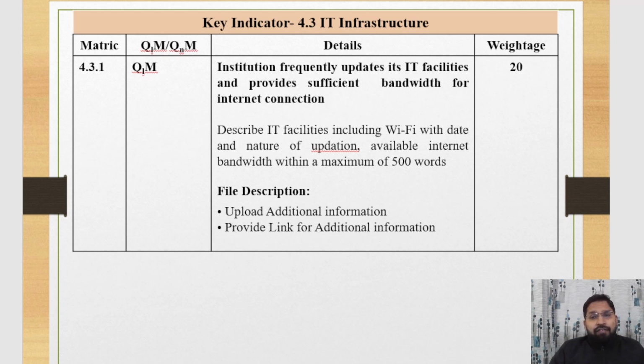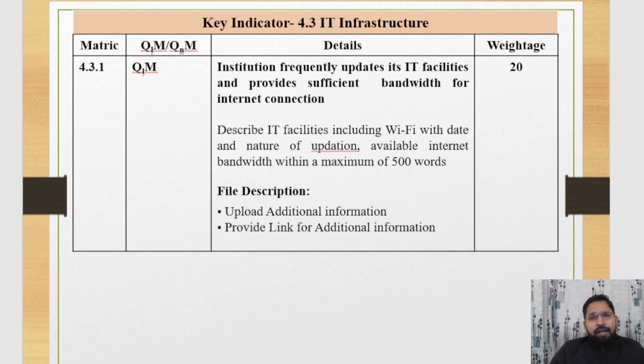Here you can explain the updating of IT facilities in terms of the number of computers, laptops, printers, scanners, and projectors. Any updation you have done in terms of IT facility, you should first explain, and after that you should attach proof of that updation.